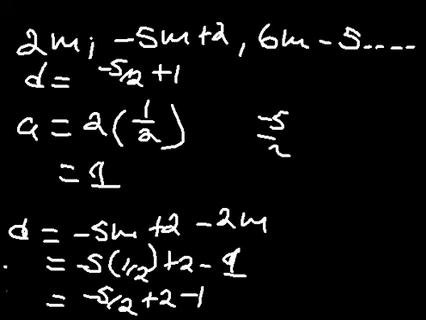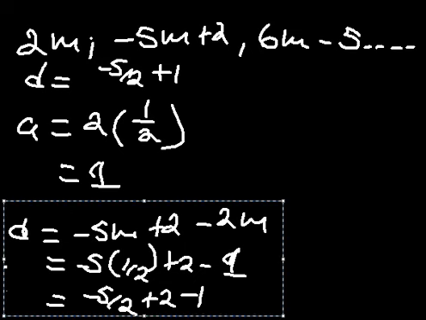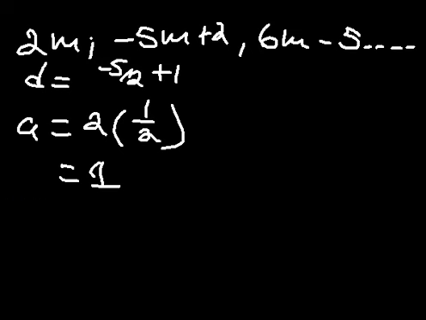So let me just have it in decimal form. Of course, you may have it as a fraction, but let me use decimal form. With the calculator, the common difference is negative 5 divided by 2 plus 1.